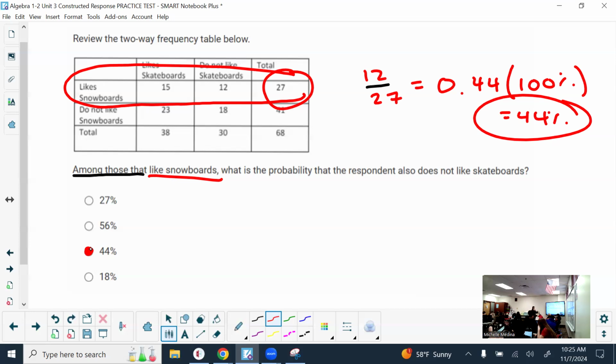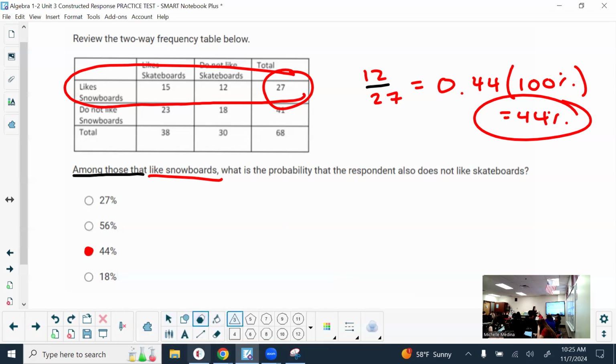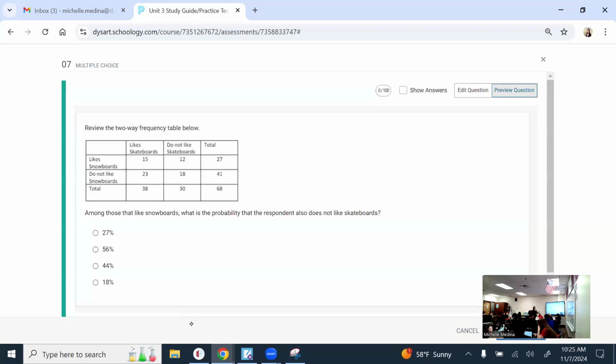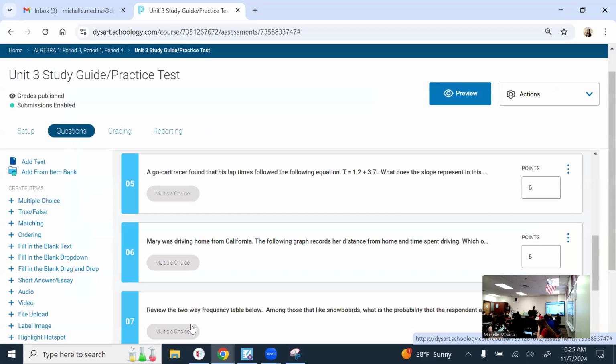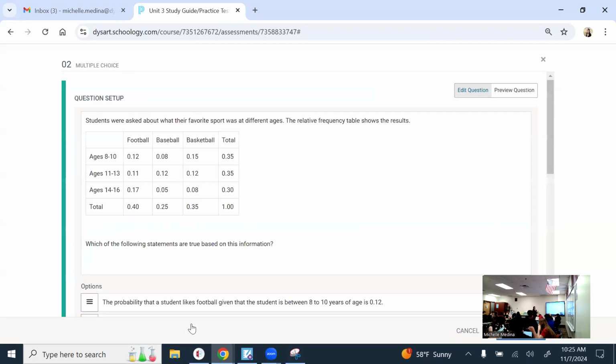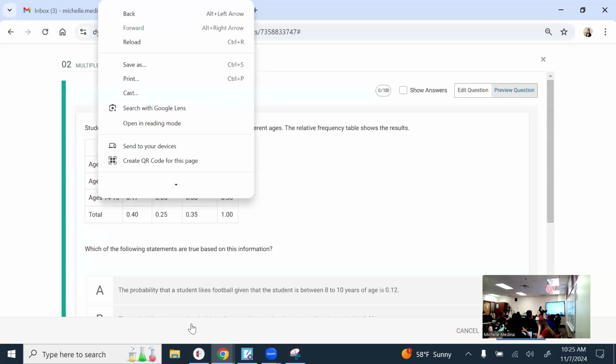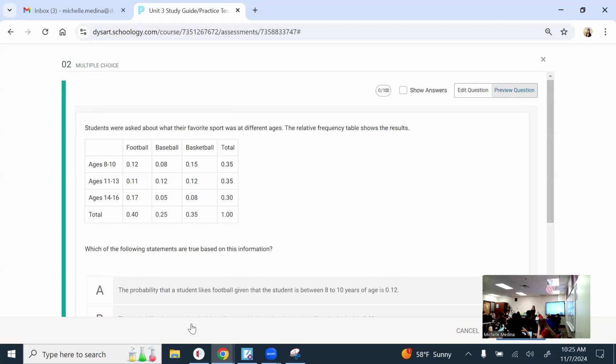Number 2 on the online one. I can understand why that one's tricky because they're giving you a relative frequency table instead of telling you the totals like it did in the one we just looked at. Know that sometimes they do give you the frequencies based on a column total or a row total.